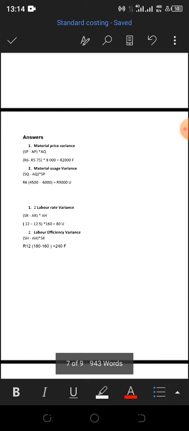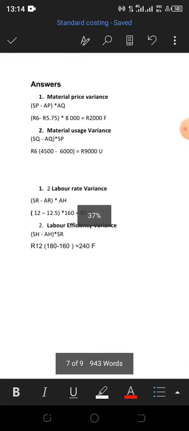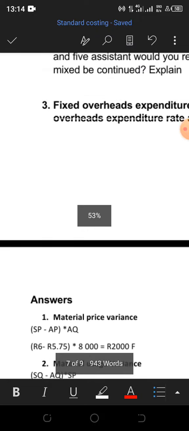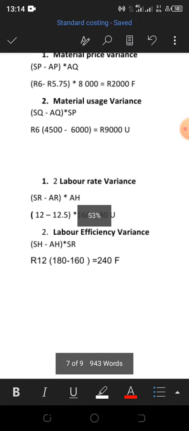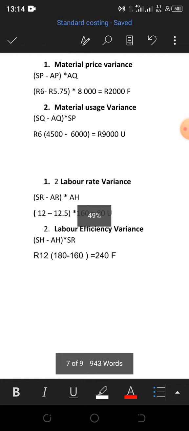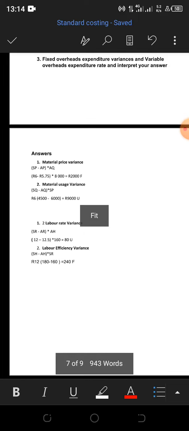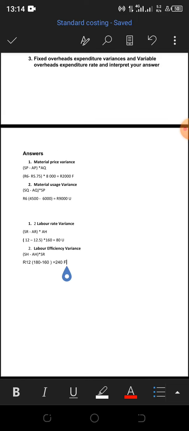Then your answer can change and you can say no when you focus on number one, labor rate variance. When we calculated labor rate variance, we found that if these people are mixed, we are paying a larger amount than what we planned. That's why we got unfavorable on number 1. So that's how you should interpret your answer.